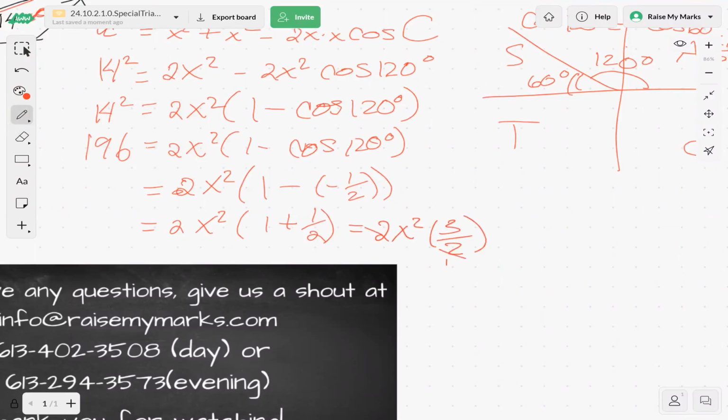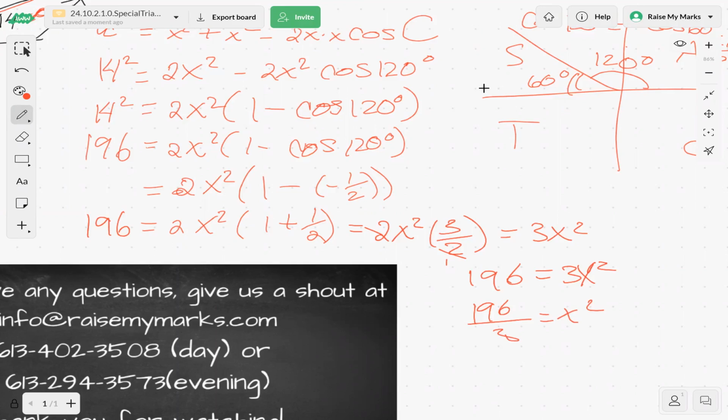Cancel out the 2, and we have 3x squared equals our 196. All right, so let's just rewrite this. 196 equals 3 times x squared. All right, so 196 divided by 3 equals x squared. Take the square root of that.